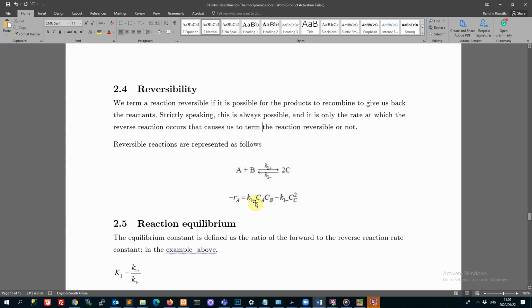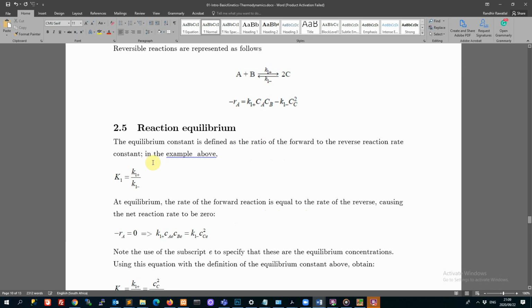And here we are saying that the forward reaction minus the reverse reaction is going to be the net rate of consumption of component A. So clearly A is consumed in the forward reaction, and then we gain A in the reverse reaction. And then if we write that in terms of consumption of A, then we are losing A, so it's a positive loss, if you like, of A, and then a negative loss, which is a gain in the reverse reaction. So reactions can be reversible, and we'll come back to that later.